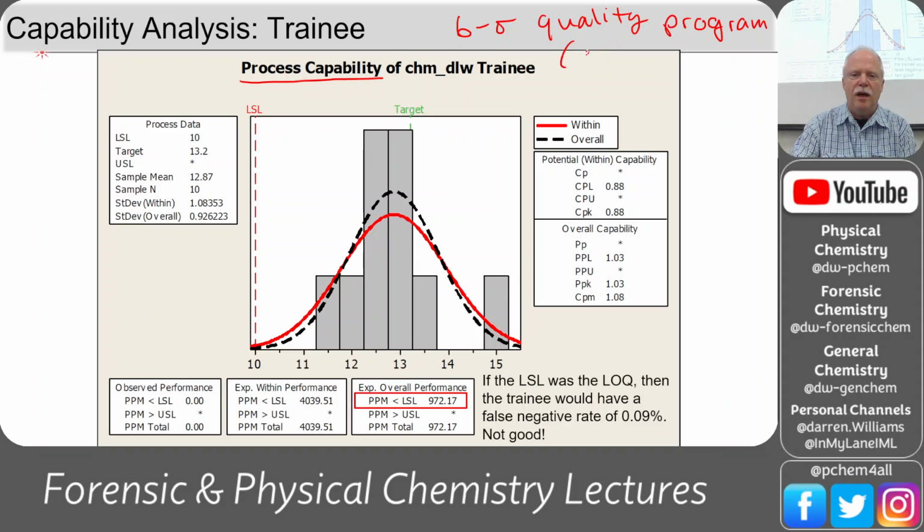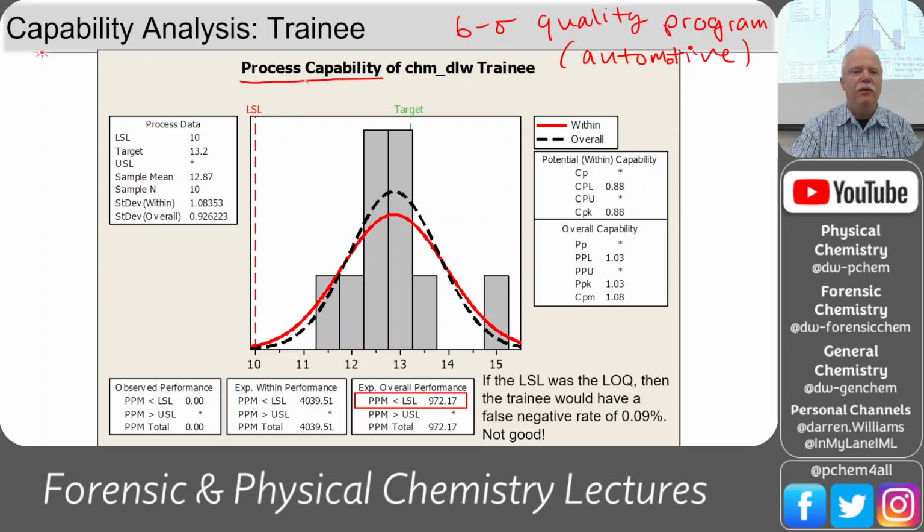I'll say it's big in automotive. Chrysler, Ford, Toyota, those were the big ones that implemented this decades ago. Again, their goal is to have less than 3.4 defects per million opportunities on their vehicles. It's a great quality program, focusing on what your capabilities are.